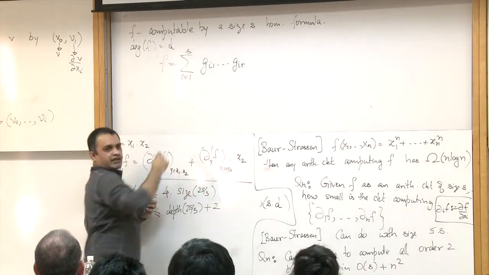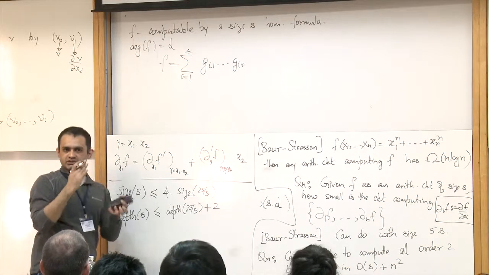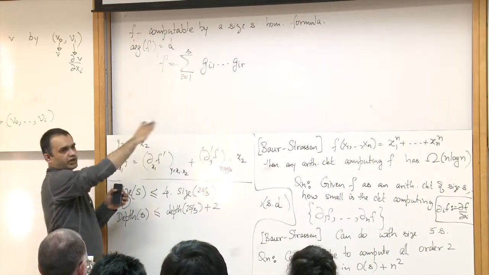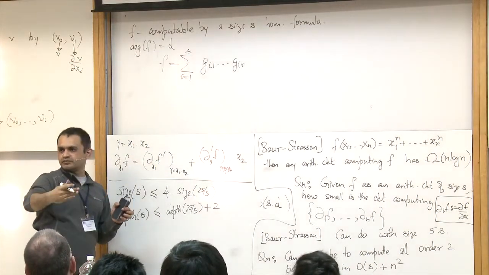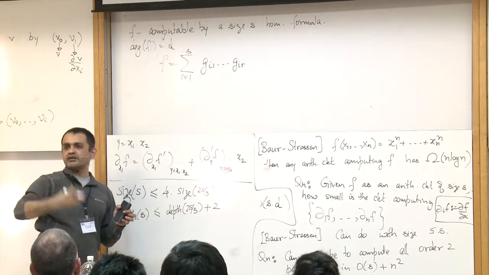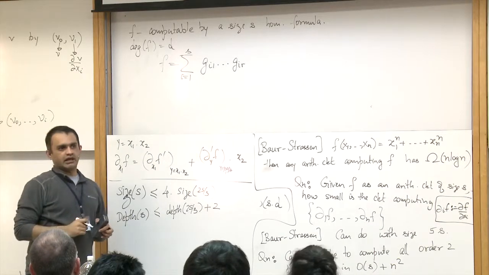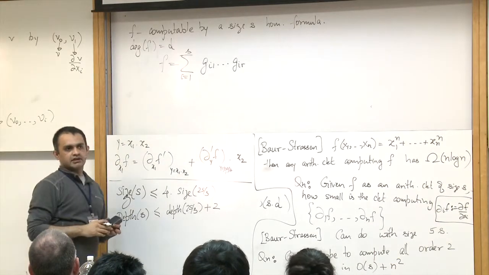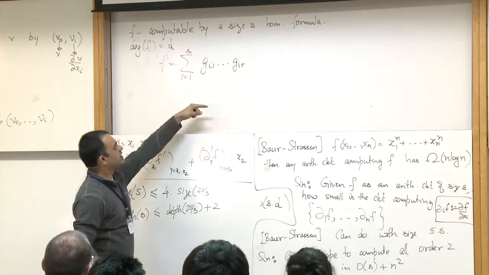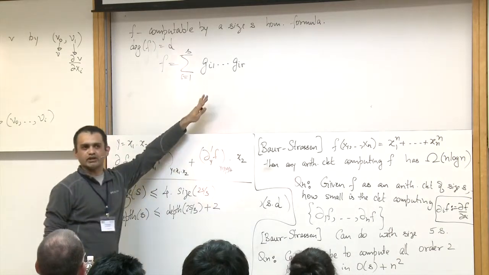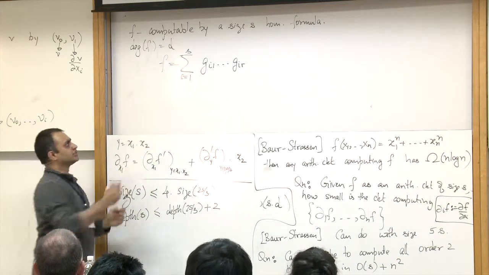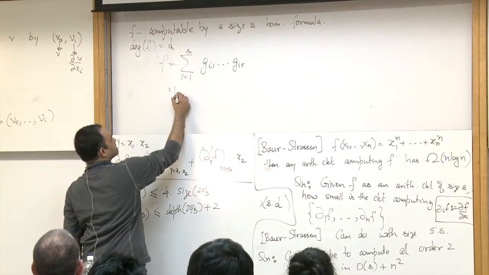And the degree of the next factor will drop again by a factor of 1/3 or 2/3. So it's a product of factors where the degree of every successive factor is geometrically decreasing, and the number of summands is just s. Because the factors are geometrically decreasing, r will turn out to be something like log d. So this is also called a log product decomposition.